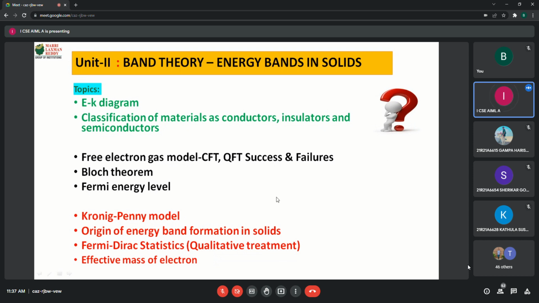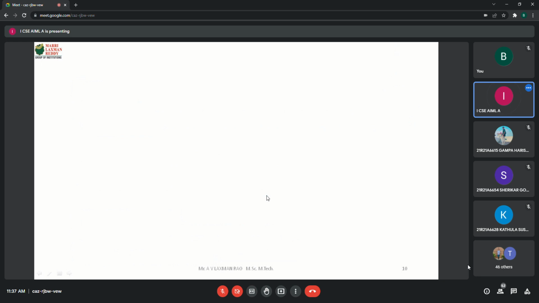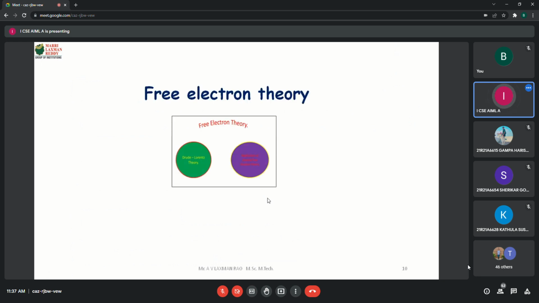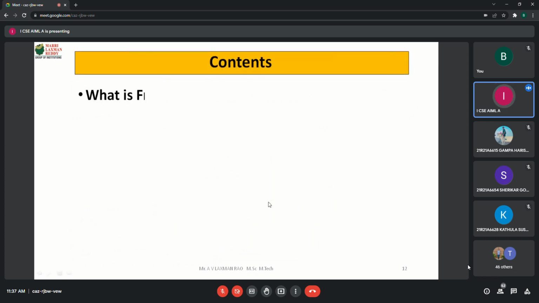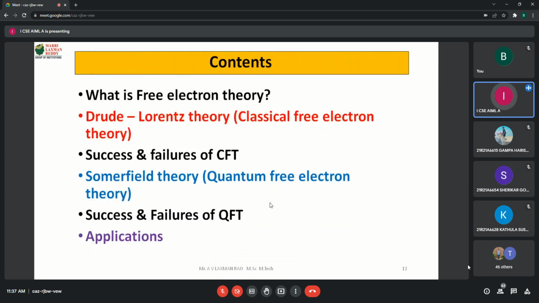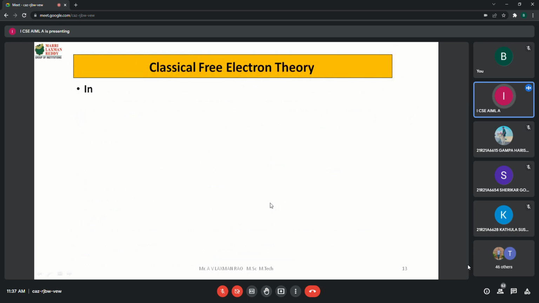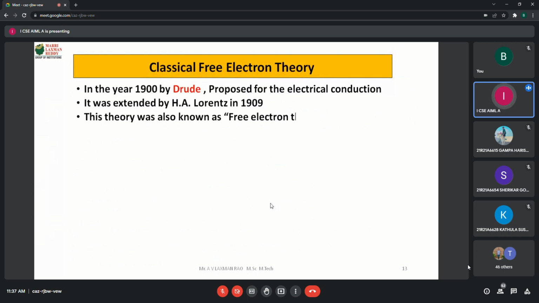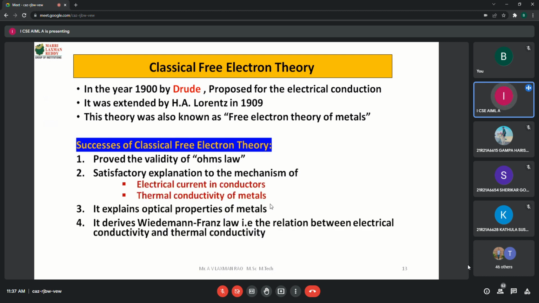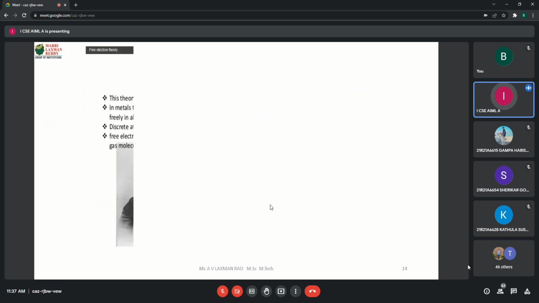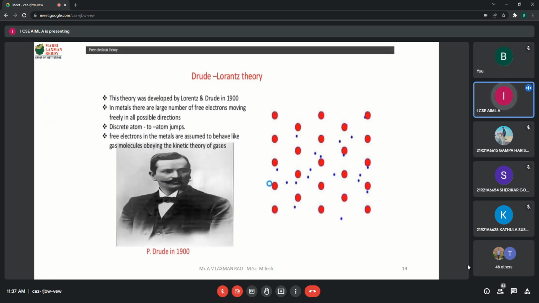So like this we can expect the questions in unit 2. And as I told you, there are some important topics here: what is the free electron theory, what classical free electron theory means, what quantum free electron theory means, and their successes and failures, which you already know. How it was explained, you also know. A metal contains a large number of free electrons, and they are responsible for electrical conductivity.